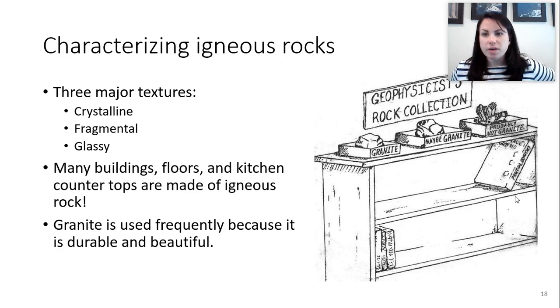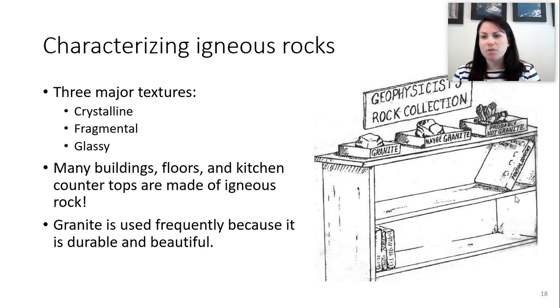Okay, so let's characterize igneous rocks. We have three major textures: crystalline, fragmental, and glassy. You may not realize it, but many of the buildings, floors, and kitchen countertops are made of igneous rocks.